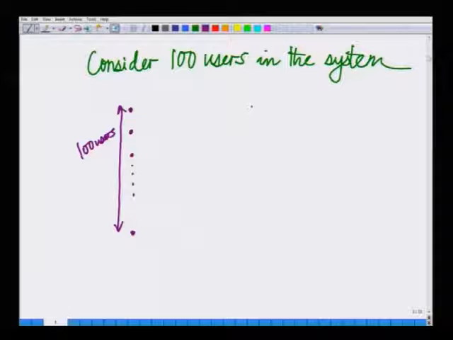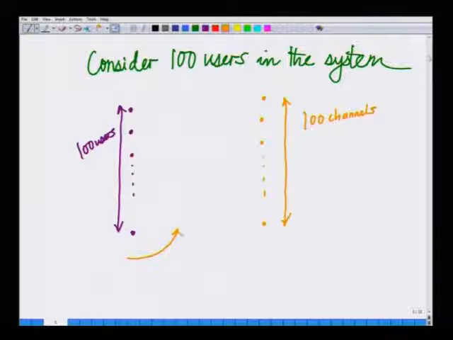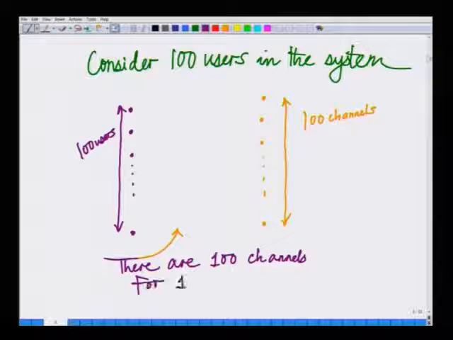And now let us say there are 100 channels available for these 100 users, that is, one channel available for each user. These channels are essentially frequency bands or time slots and so on, available for these 100 users.